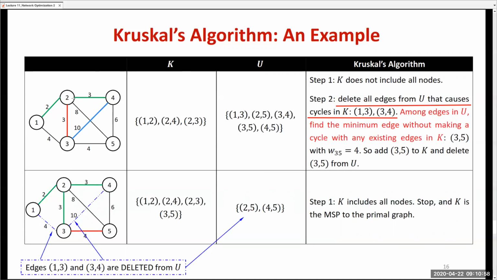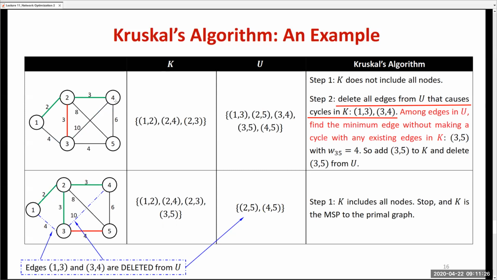See? I have a cycle here, 2, 4, 3. Why? Because the current existing edges in K are 1, 2, 2, 3, and 2, 4. So I cannot add edge 3, 4. And very similarly, I cannot add edge 1, 3 because 1, 3 is going to cause another cycle: 1, 2, 2, 3, and 1, 3. Hence, in step number 2, first I need to delete these two edges.